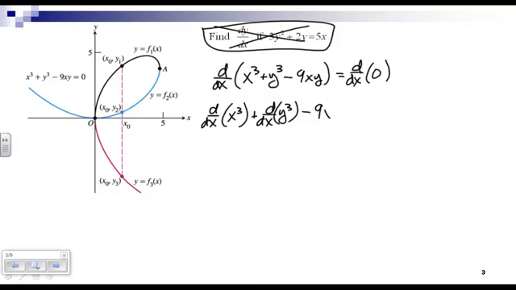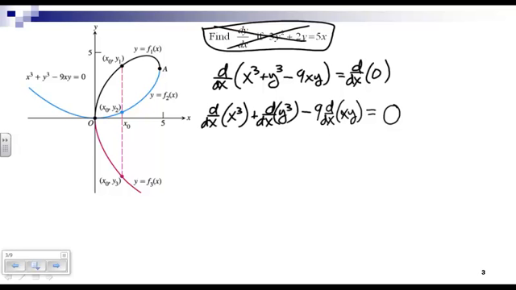Minus 9 times the derivative with respect to x of xy. May I take the derivative of 0? 0. I'll stop there. Are we okay with that first step? Yes. All right? First one is easy.